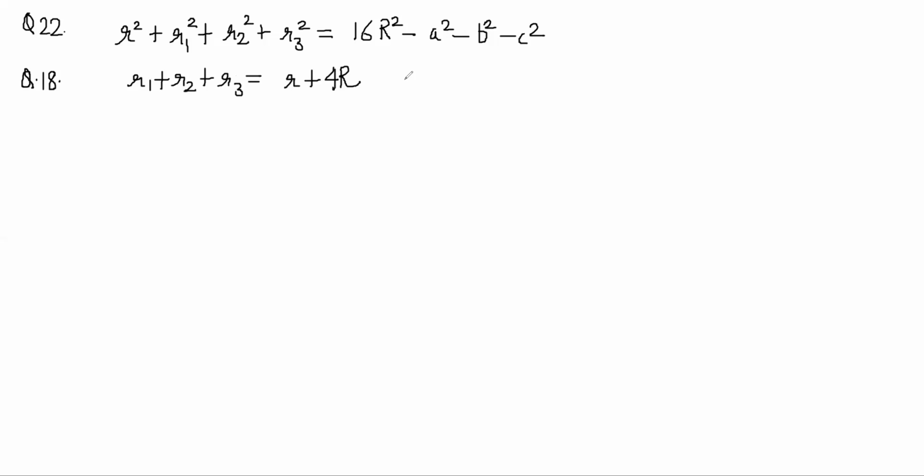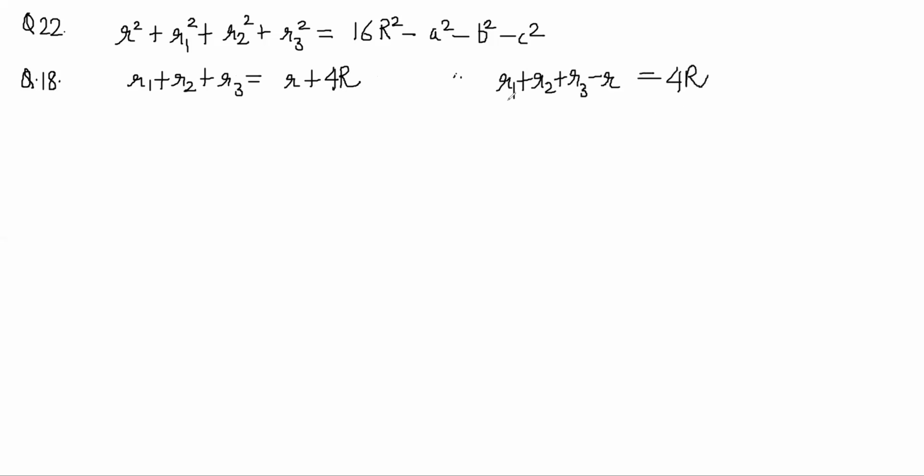Right? This is there in question number 18. Wait, this is correct or something is wrong here? No, it's fine. 4R plus small r, right? So therefore from there you have r1 plus r2 plus r3 minus r is equal to 4R, right?